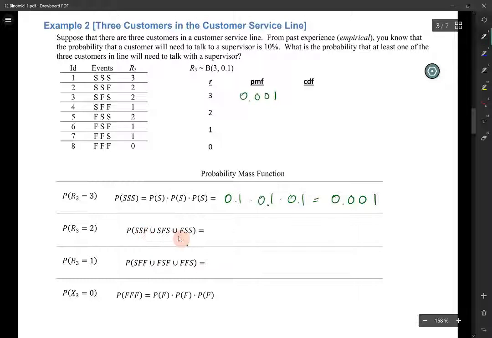So one of them is going to turn out to be a 0.9. And so we know that there's 3 of them.